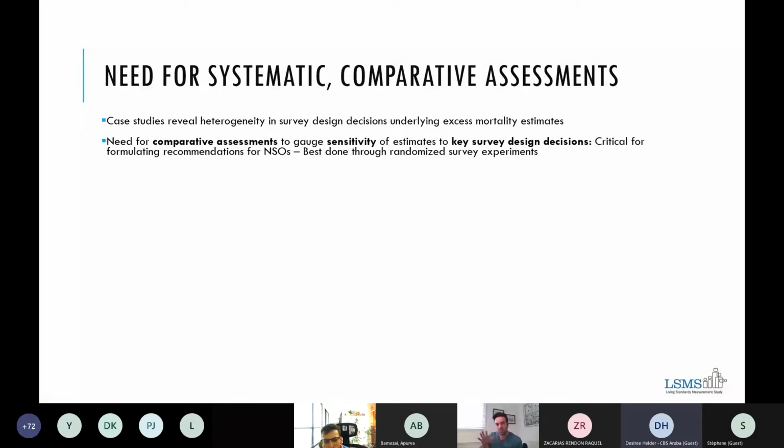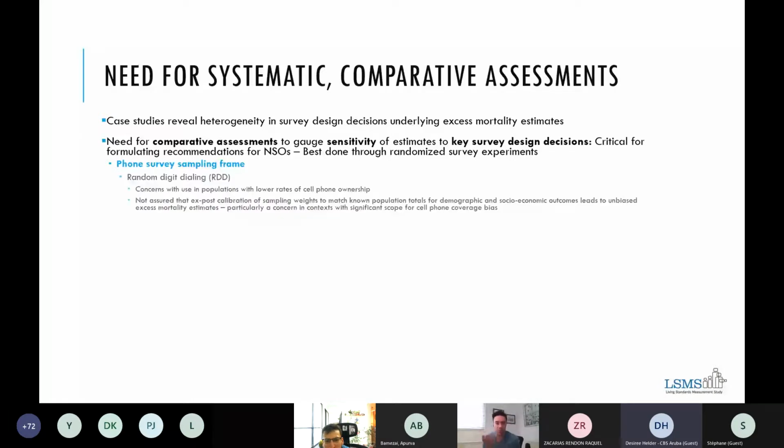And there are certain key areas when it comes to survey design decisions that we could factor into these comparative assessments. So clearly, one big area is the phone survey sampling frame, and generally the sampling design that has been used for the phone surveys. There are several studies that have relied on random digit dialing.